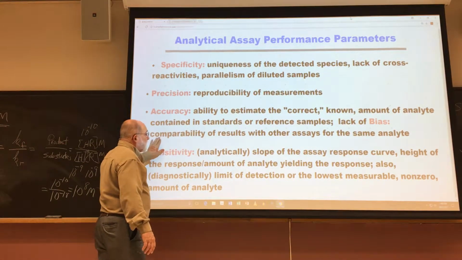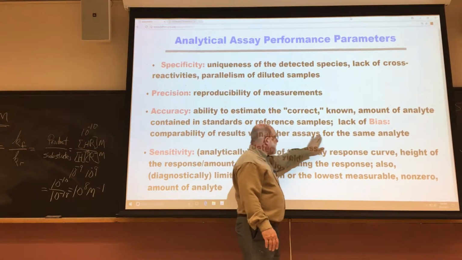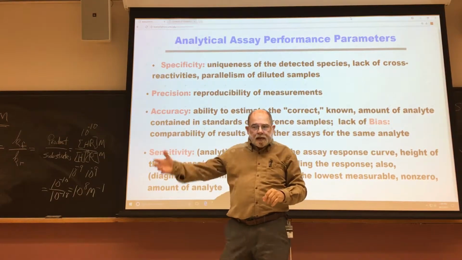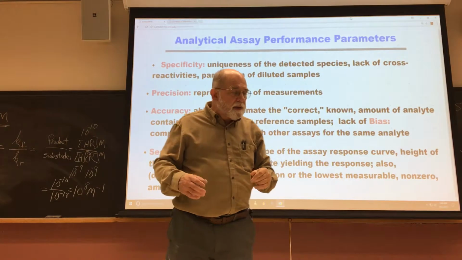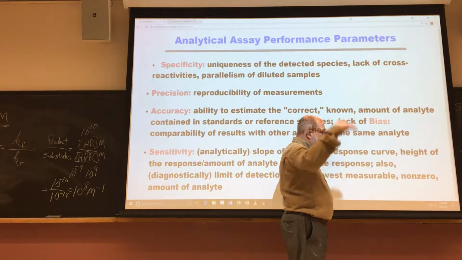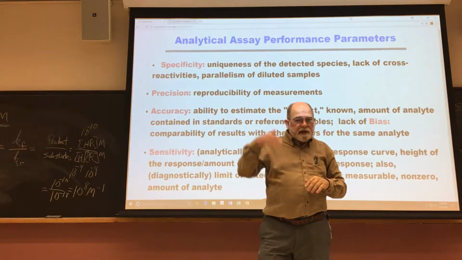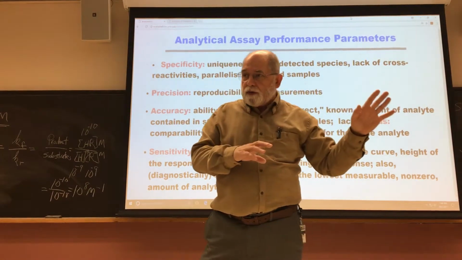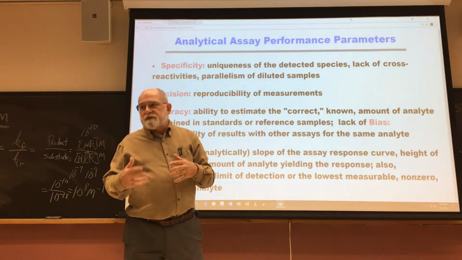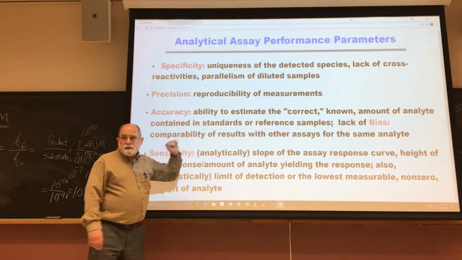So you can look at the comparability of the assays with the same analyte used elsewhere or in other assays. If you don't see an up or down movement from that, you have a lack of bias. If you do see an up or down movement relative to other assays of the same type or done in other labs, then you have some sort of a bias, which is a violation of accuracy.